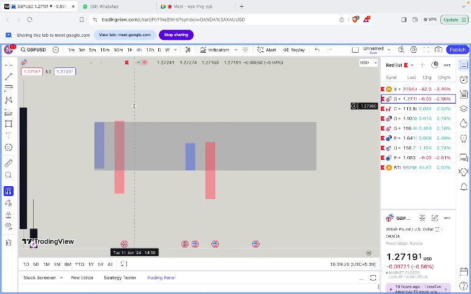Now we call this zone. Inside this zone, the bodies of both should touch the zone. The body of both the candles should touch the zone, not wicks but bodies. Not the complete body, even if some part of it.